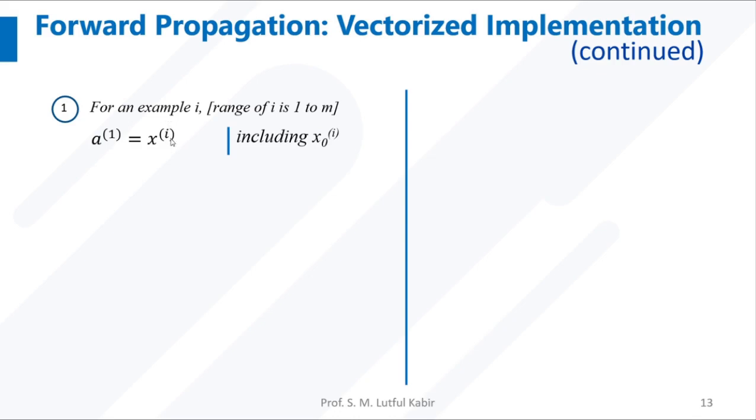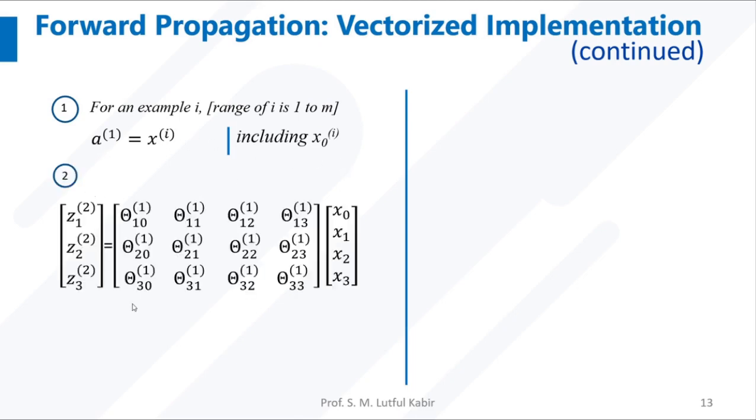I could be any value between 1 and m. So it includes x0. First of all, you have to define all the features, then one term should be your x0. The second step is actually this equation. If I go to the final equation, this equation, that means all the z is related by the theta matrix multiplied by your x matrix.